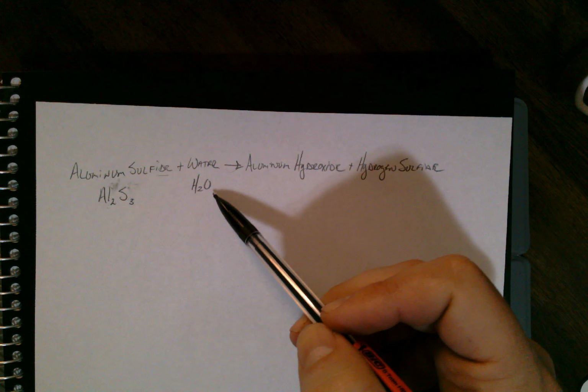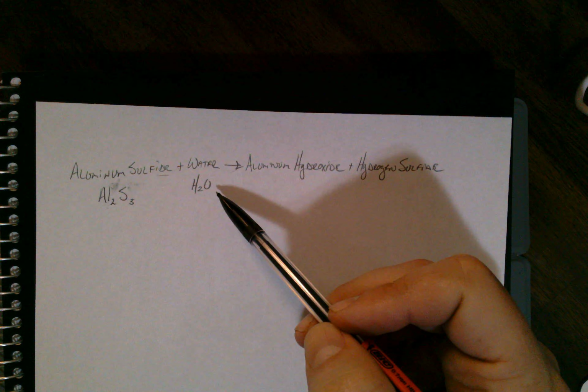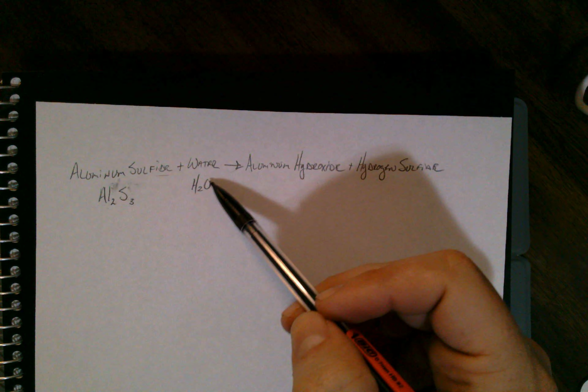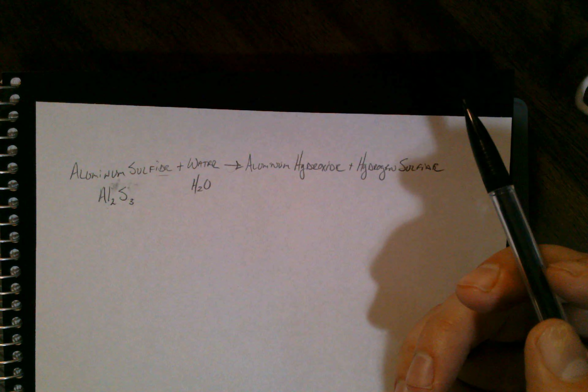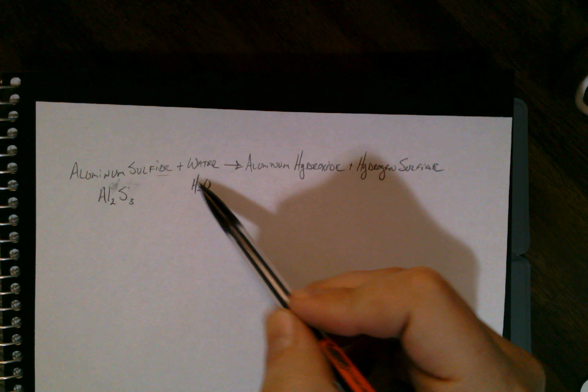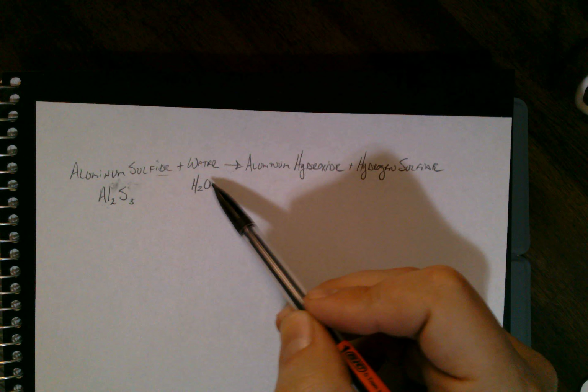Anyway, water is H2O. Everybody knows water, very common, but that one, we're just going to go ahead and call that one balanced because everybody knows that water is H2O. But as you might imagine, hydrogen will gain or lose 1, and oxygen will gain 2. So in this case, hydrogen is losing 2, oxygen is gaining 2, and that's how that becomes balanced.